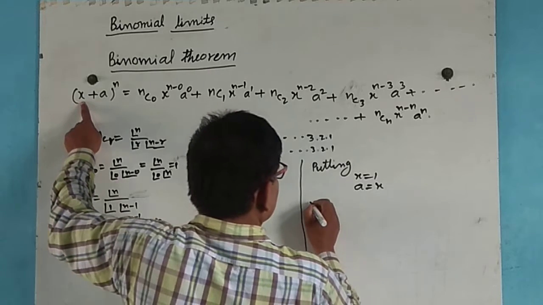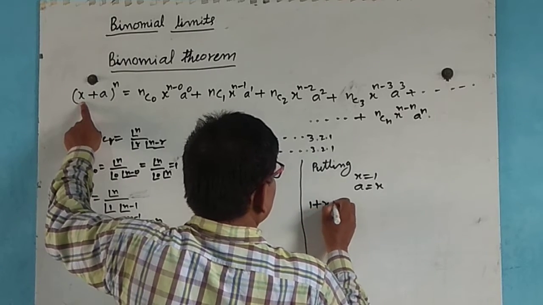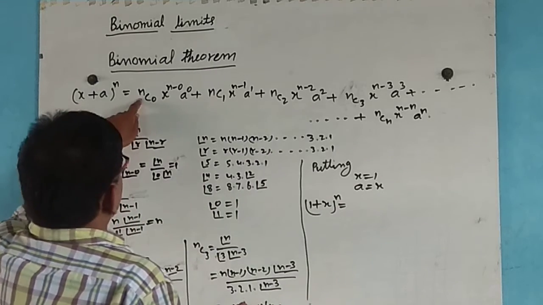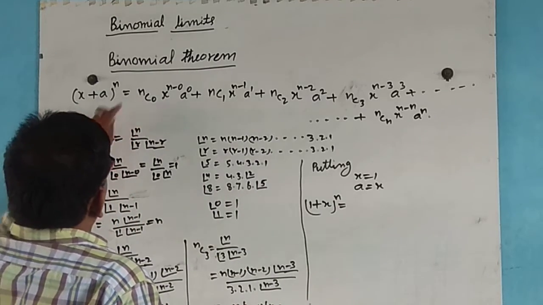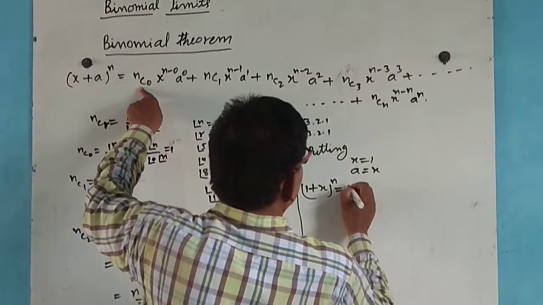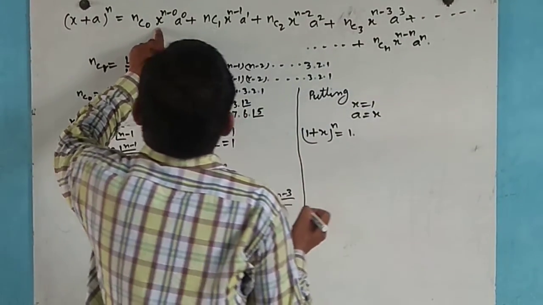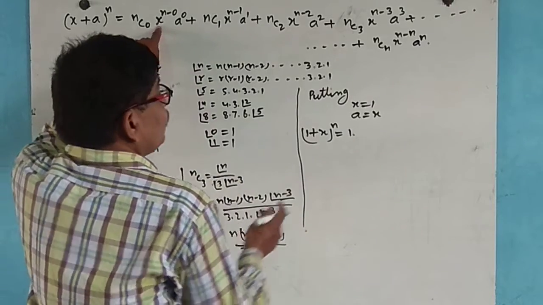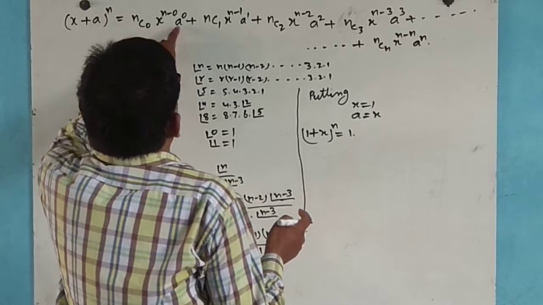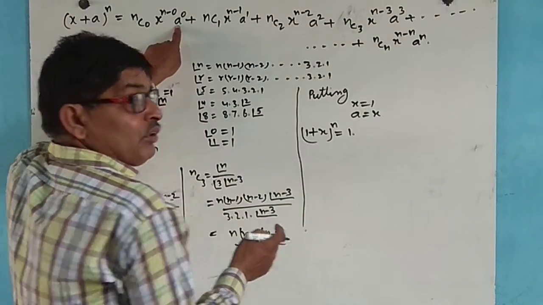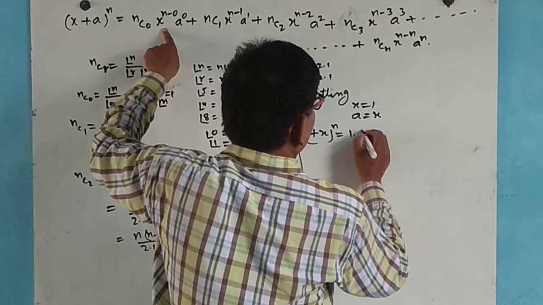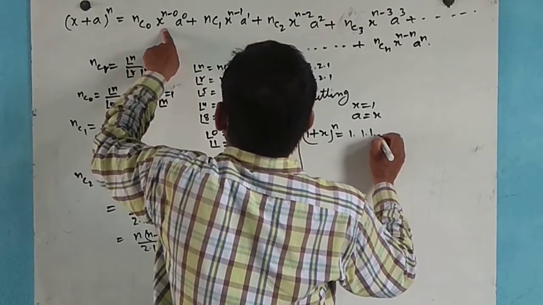Here (1 plus x) to the power n equal to nC0 equal to 1. This is equal to 1 and 1 to the power n equal to 1 and this is x to the power 0. This is also 1, so that this is 1 and this is also 1.